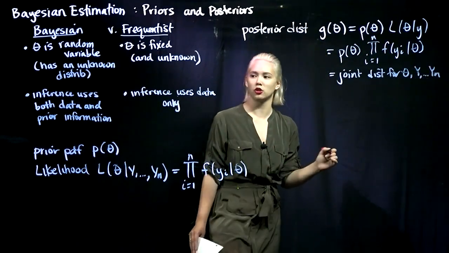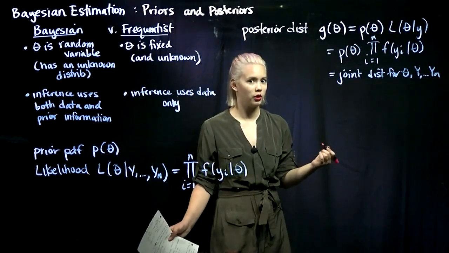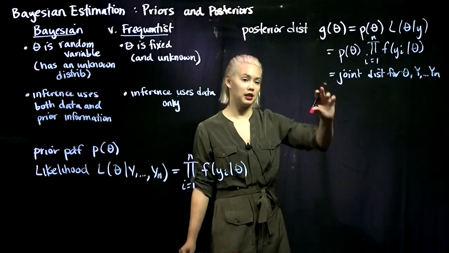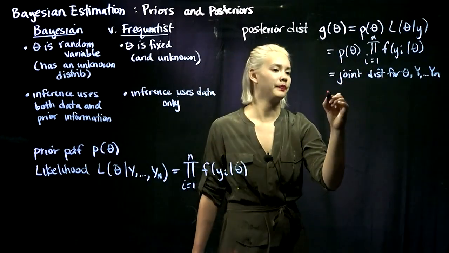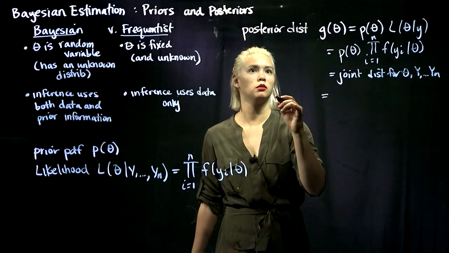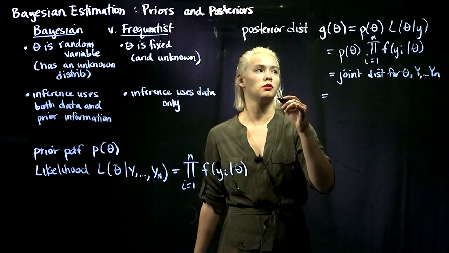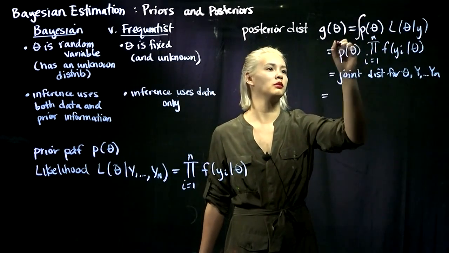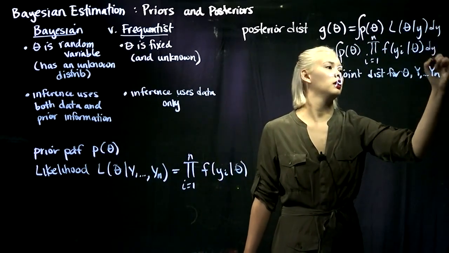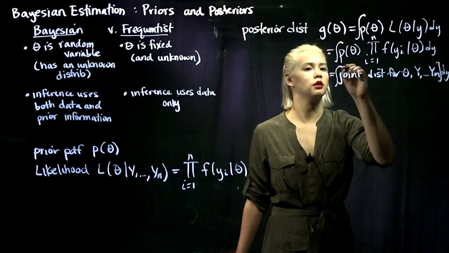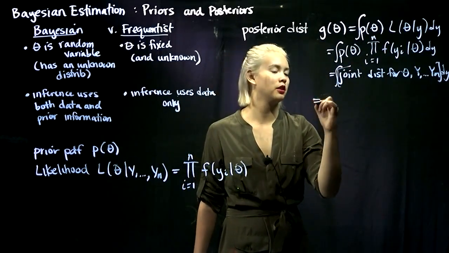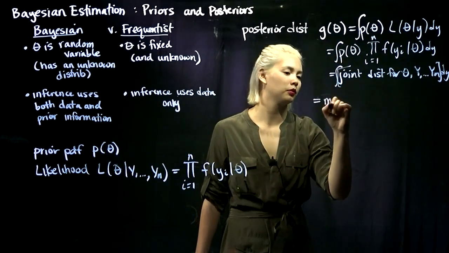We have the joint distribution for theta and our data, but all we really want is the marginal distribution for theta. So what we need to do is integrate all the y's out. What that leaves us with is just the marginal distribution for theta.